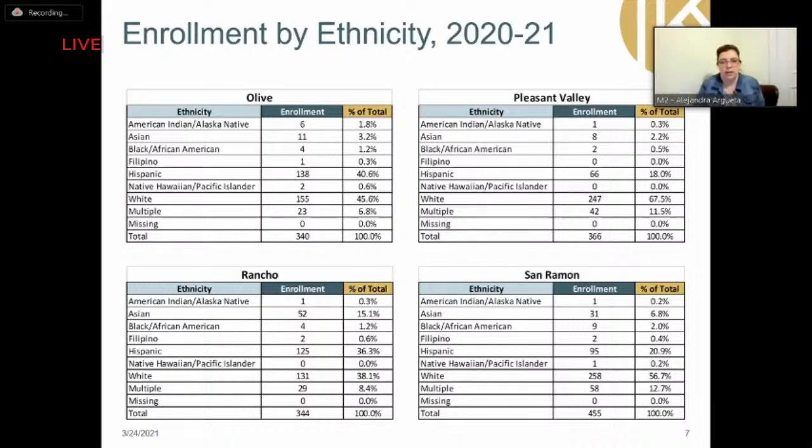If we decide to close it and move it, the transportation will be really hard, as Tina said, for those parents to commute to some other areas.